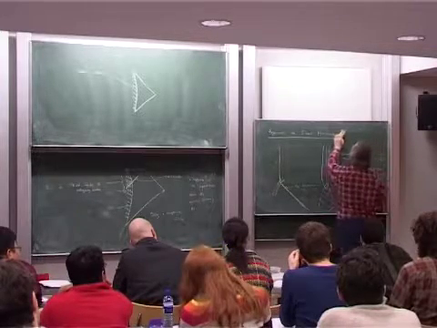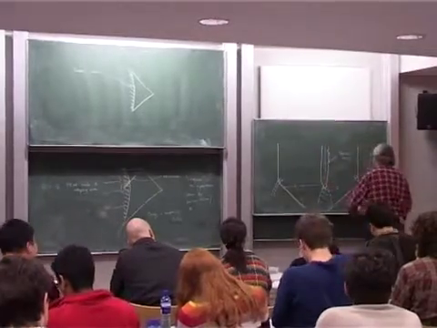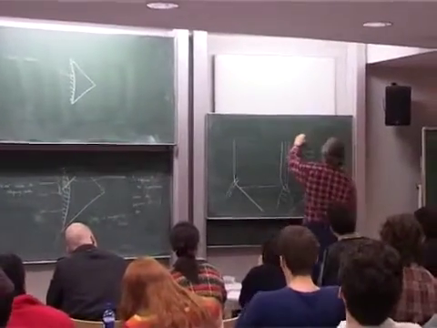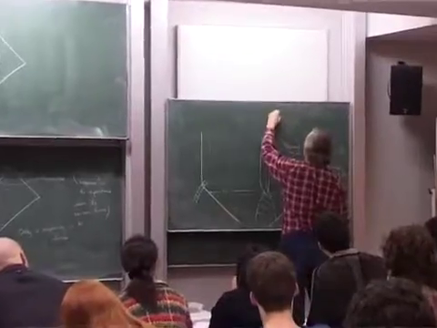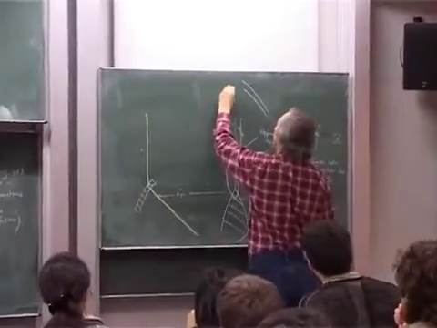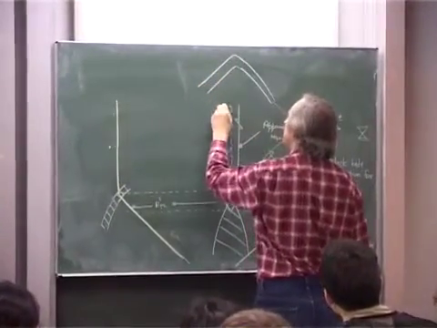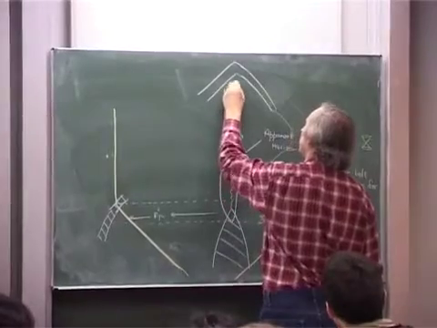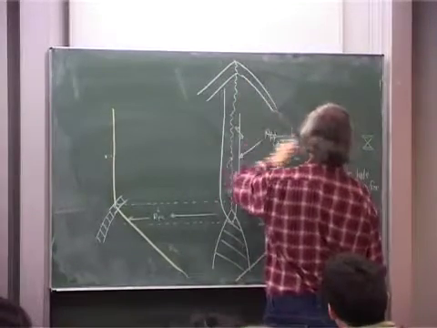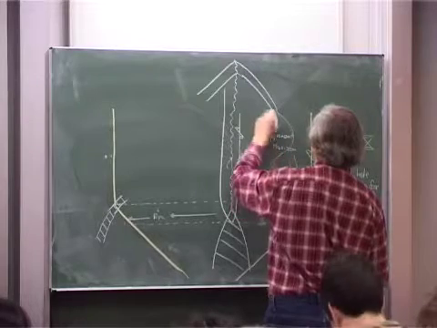Let me attempt to draw that. So here you have this collapsing shell of matter, and eventually it will do something like this. I suppose maybe two singularities join.